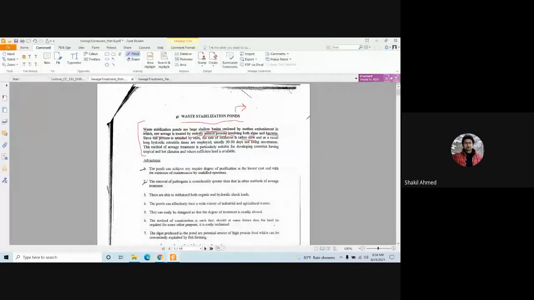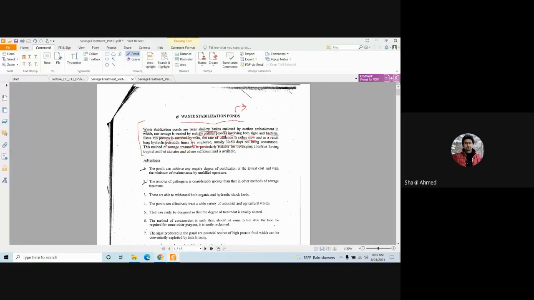That's why this process is a bit slow, and as a result, long hydraulic retention times are employed, usually 30 to 50 days, not being uncommon. That means you need a larger space for a waste stabilization pond because you need to provide a large retention time.